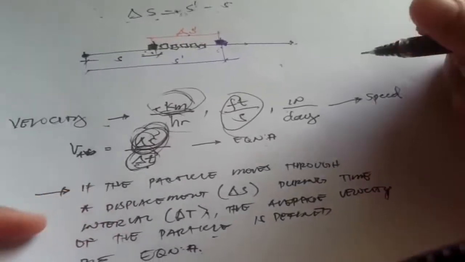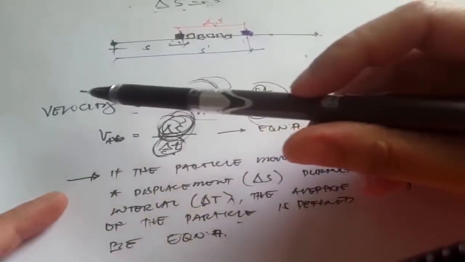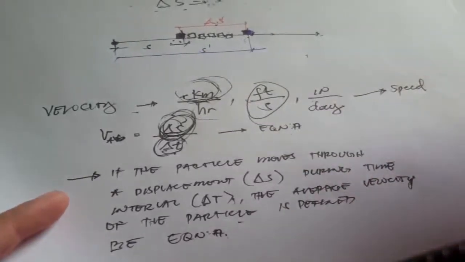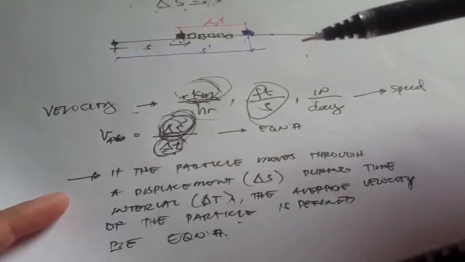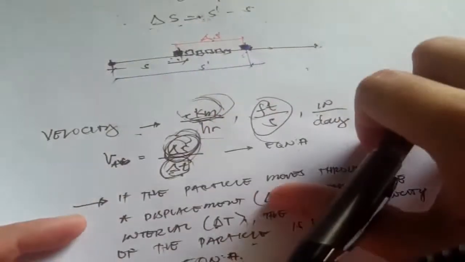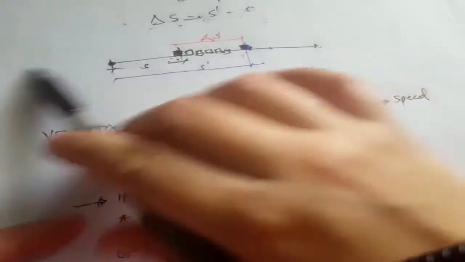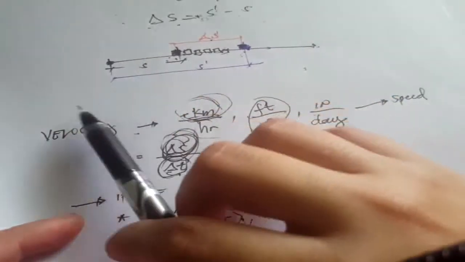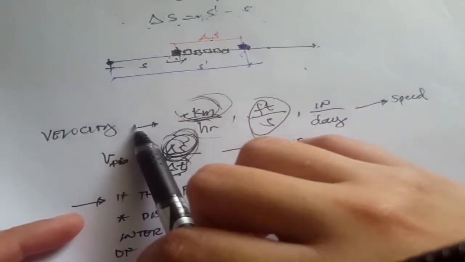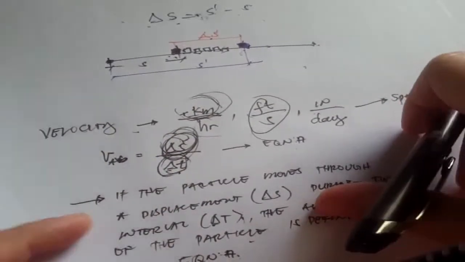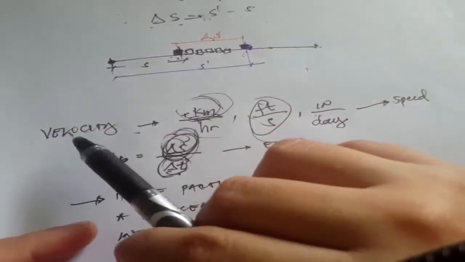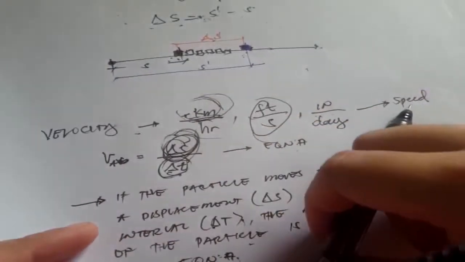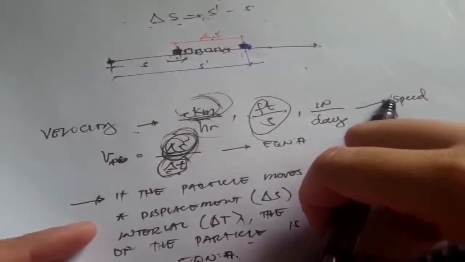But when we say velocity, for example, the velocity of the car is positive 20 km per hour, since it is going to the right direction, or negative 20 km per hour if it is going in this direction. Or maybe you say that the velocity is 20 km per hour going to the north. So if the velocity is 20 km per hour going to the north, then the speed of that car is 20 km per hour. Okay.